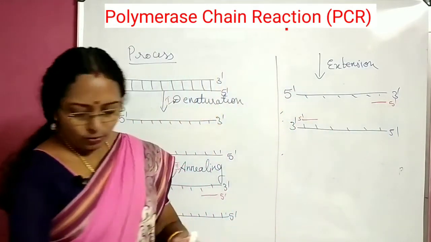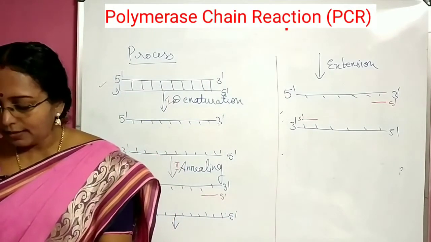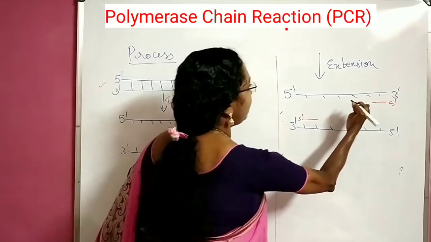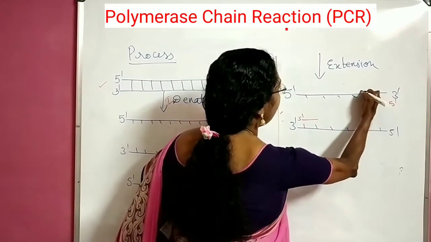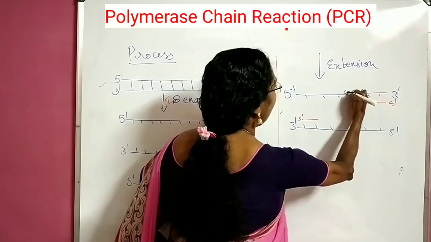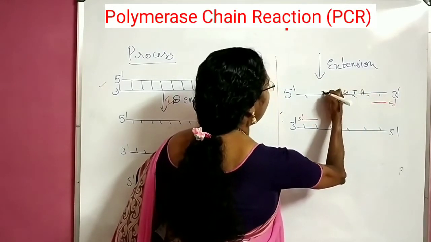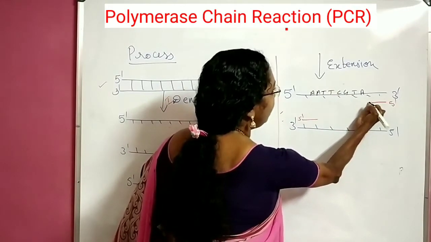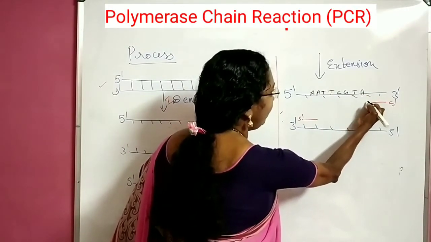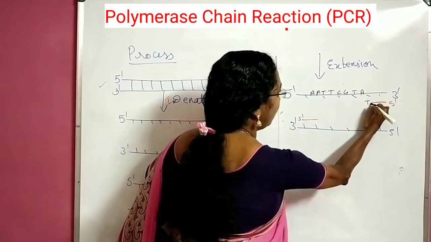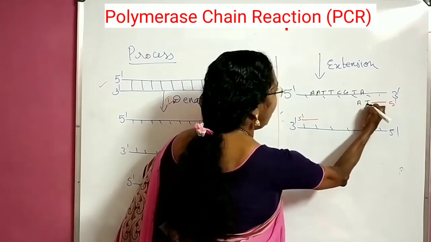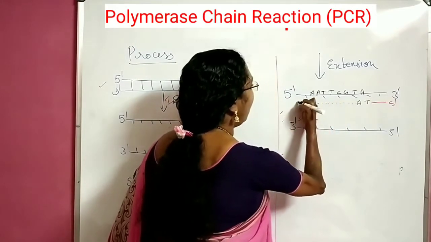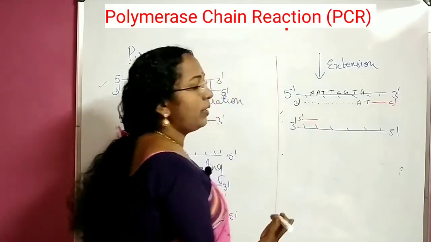Now the dNTPs and Taq DNA polymerase have their roles to play. They come and extend here. So how do they extend? Suppose here it is adenine, thymine, guanine, cytosine, again thymine, adenine, adenine, like this. The dNTP which is complementary to adenine will come here. So what will come here? Thymine. Again here adenine. Likewise the dNTPs will be added until it reaches the 3' end.